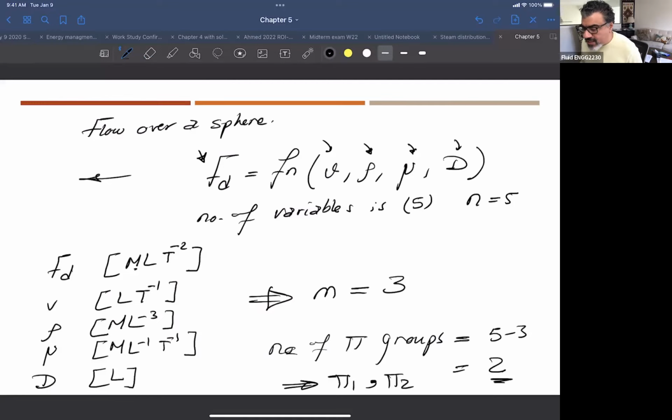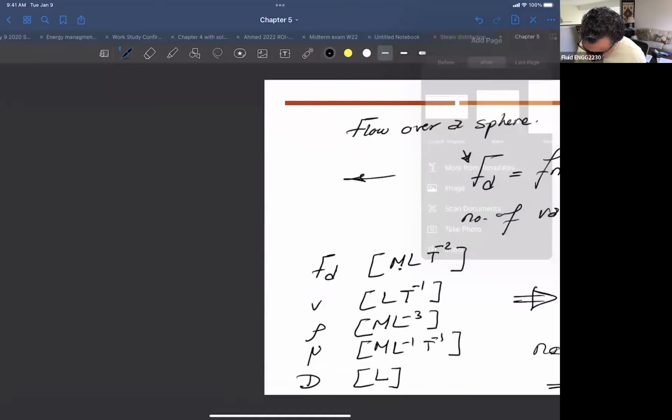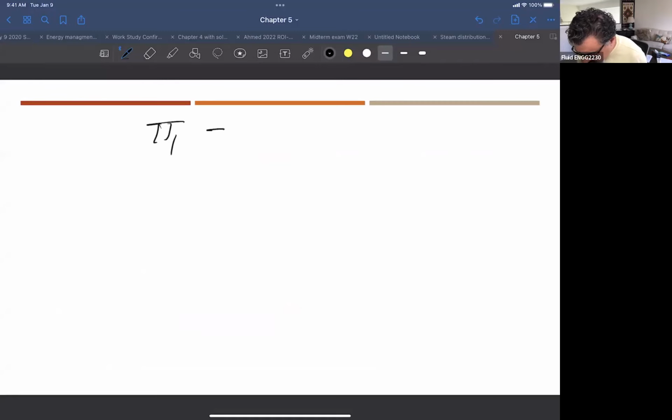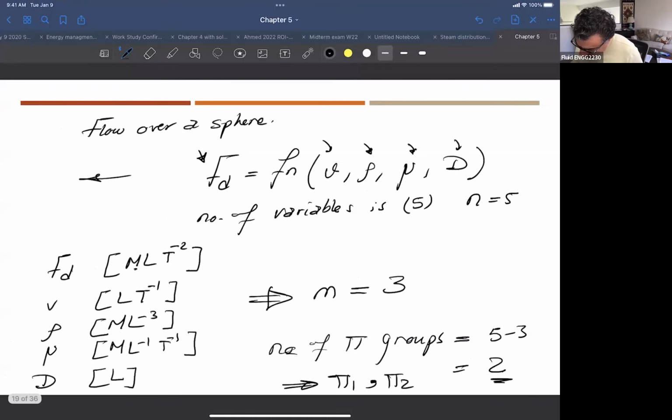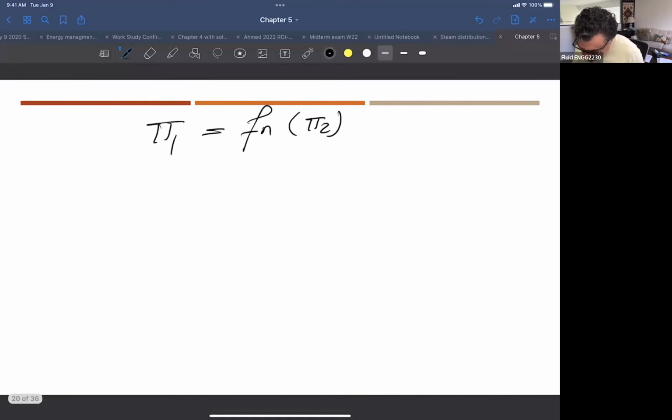In order to generate these groups, you will form it in a way that pi 1 is equal to a function of pi 2. You're going to convert equation 1 into equation 2, and equation 2 is a non-dimensional equation, okay?